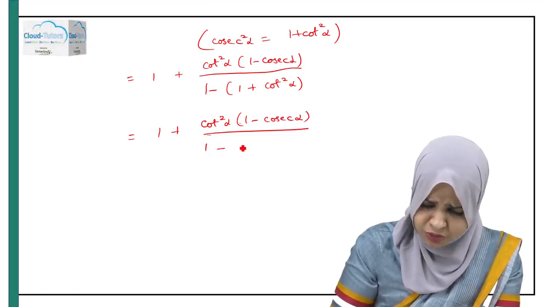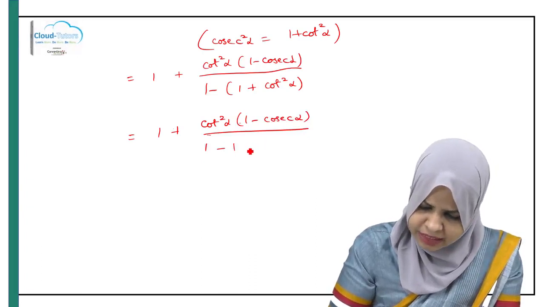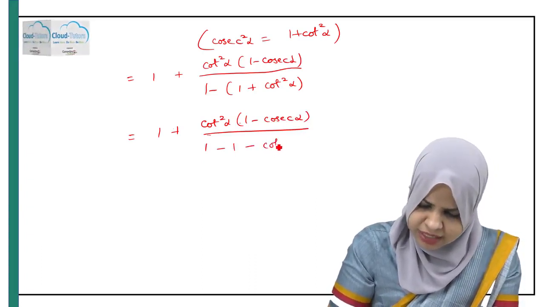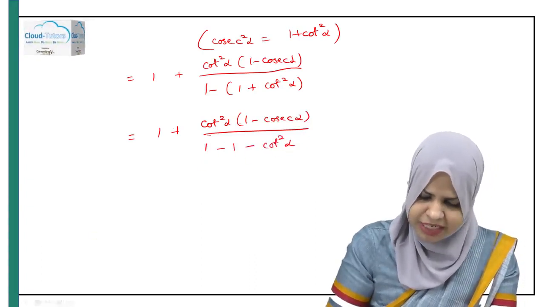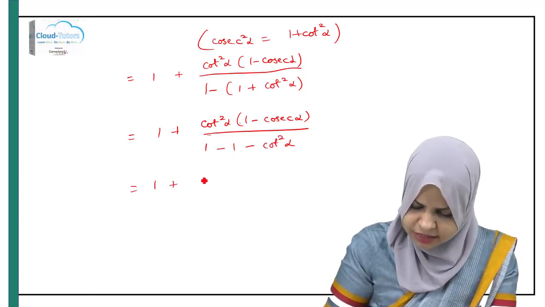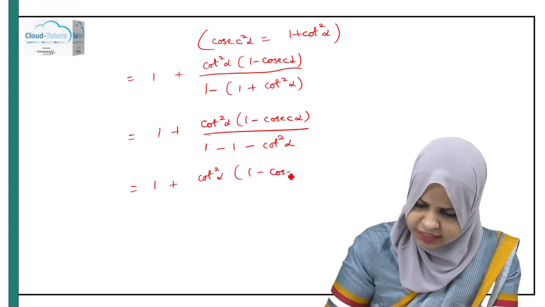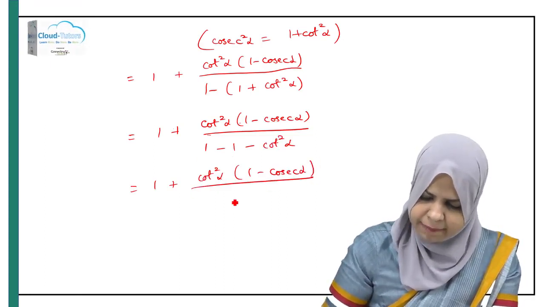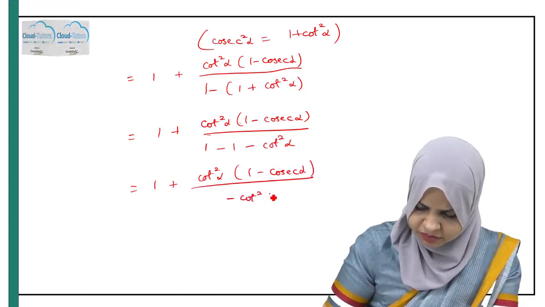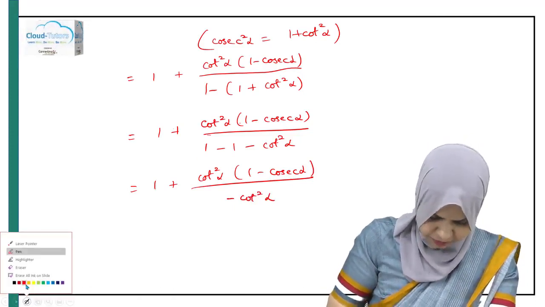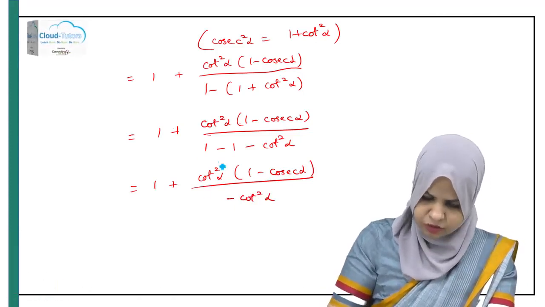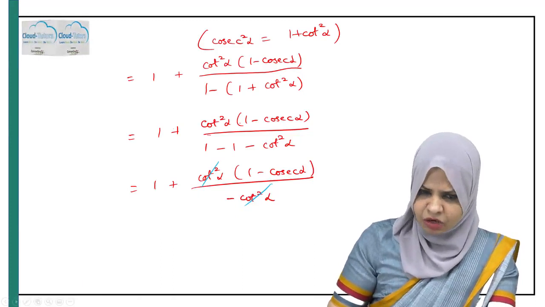You will know it soon. 1 − 1 − cot² α. So 1 − 1 is 0, right? So the denominator is −cot² α. So what happens here? Observe. Yeah, cot² α is gone.